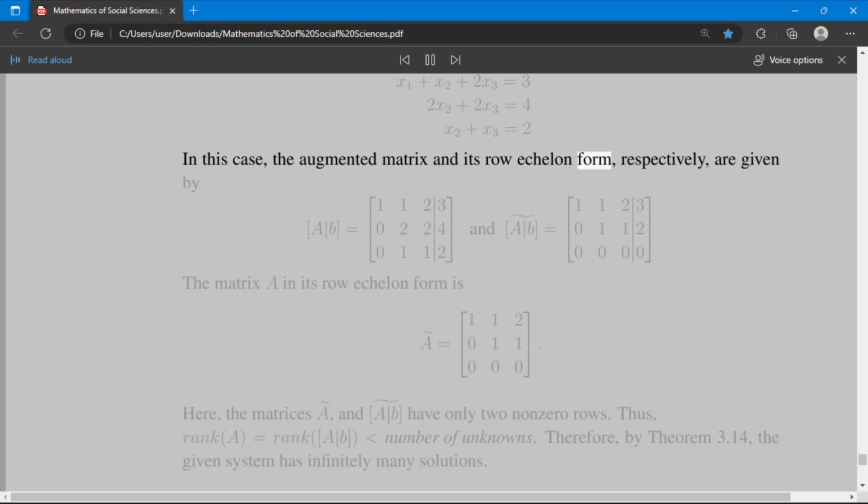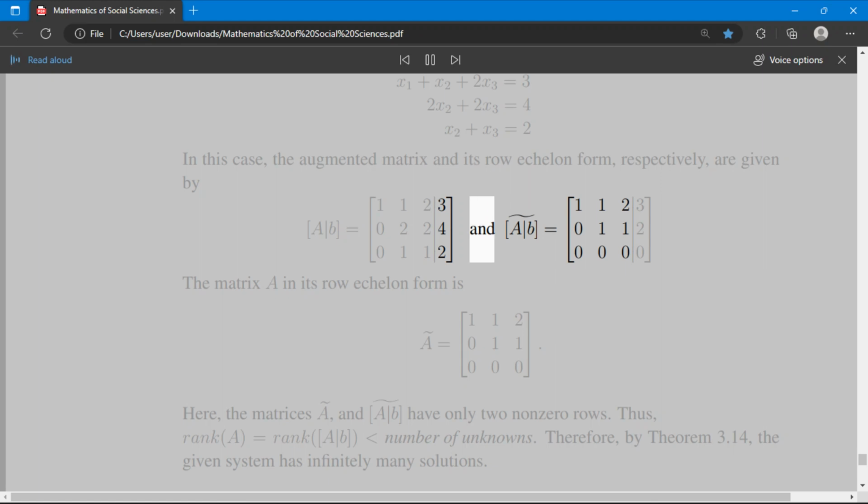In this case, the augmented matrix and its row echelon form, respectively, are given by AB equals [1, 1, 2 | 3; 0, 2, 2 | 4; 0, 1, 1 | 2] and GAB equals [1, 1, 2 | 3; 0, 1, 1 | 2; 0, 0, 0 | 0].